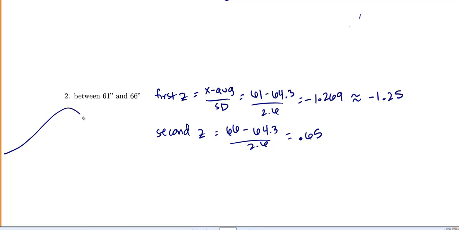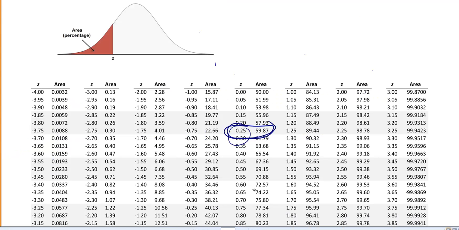So now I'm really looking for the area between 0.65 and negative 1.25. I want the area in between. So remember how we find the area in between 2 numbers. We find each area and subtract. So let's go look up my 0.65 area first.